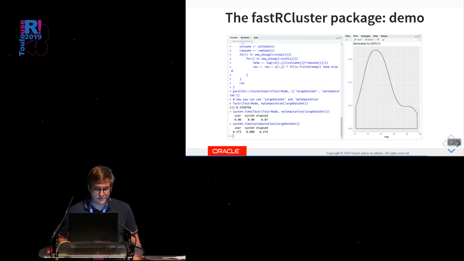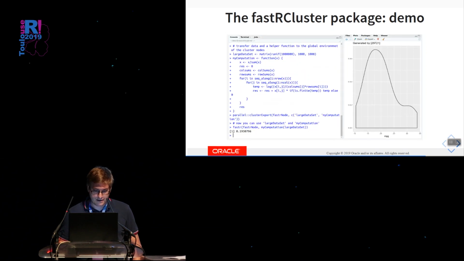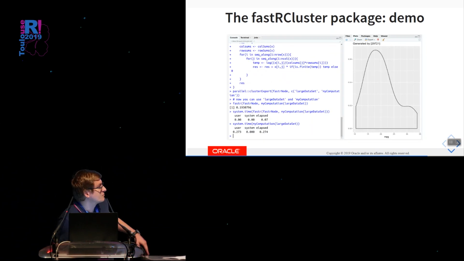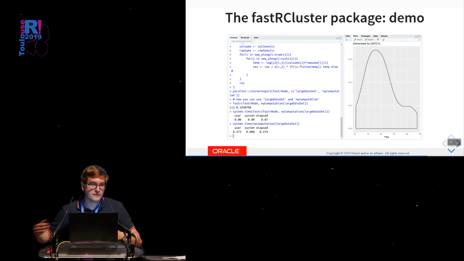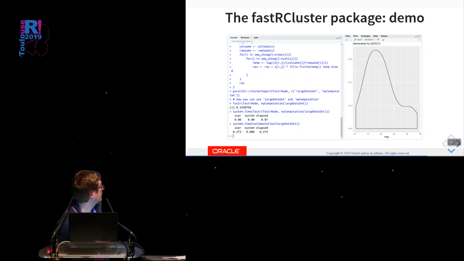What is interesting about this is that if I measure this, this slide contains both measurements. If I run this on FastR and measure it, then even with the overhead of the transformation of the data back and forth, you can see that FastR is significantly faster for this specific piece of code that uses loops and scalar operations.